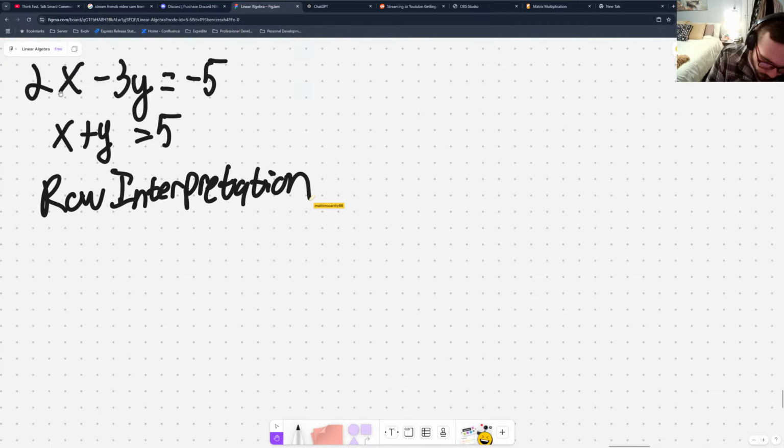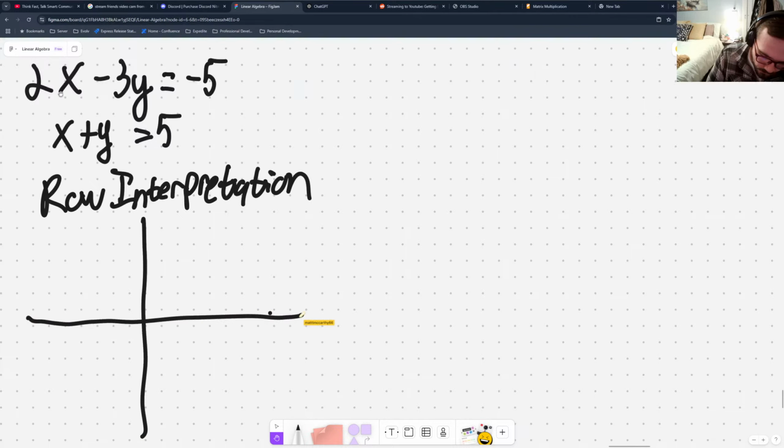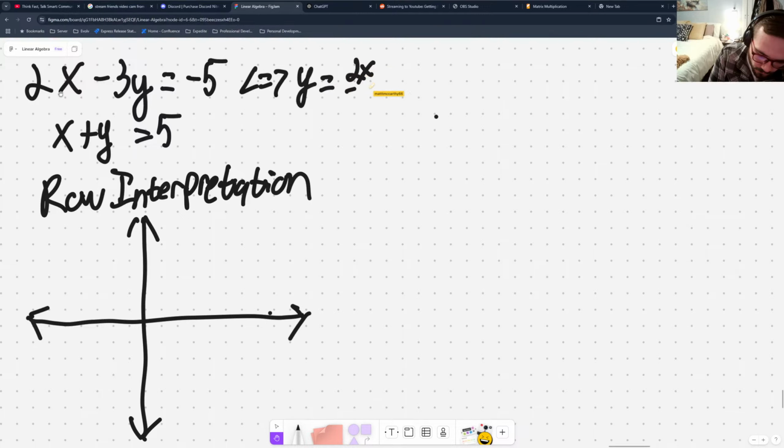So with the row interpretation, we could think about this as y equals 2x over 3 plus 5 over 3, right?